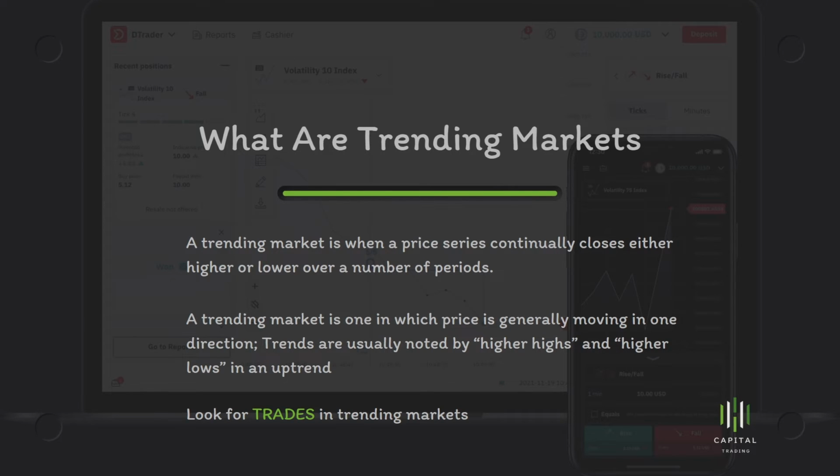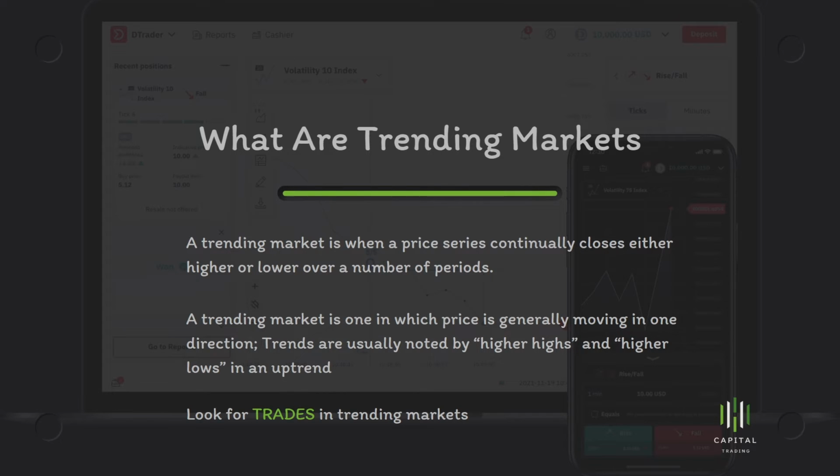A trending market is one in which price is generally moving in one direction, and trends are usually noted by higher highs and higher lows in an uptrend.